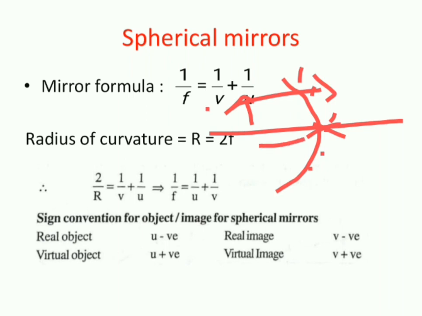For real images, v is negative, because the image is real on the same side of the mirror, so distance is with negative sign. Whereas for a virtual object, if your object is here, then it is taken with positive sign, and for a virtual image, v is positive. This is only a sign convention.